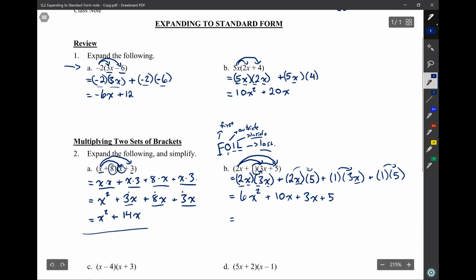And we can collect like terms. I can see right away that my x squared is unique. There's only one term with that. But my x's are alike, and I can see that my coefficient here is unique. So when I'm collecting those like terms, I have 6x squared plus 10 plus 3, so that's 13 x's plus 5, and that is what my final answer should look like.